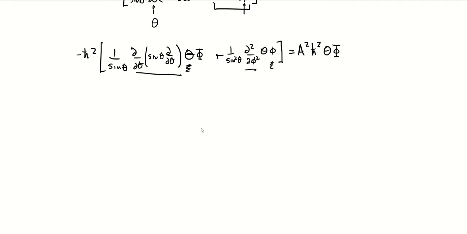This is only affecting our phi function. So we can bring them all through. Rather than bore you with me writing out the long equations again, ultimately we end up with 1 divided by our function that only depends on the polar angle, sine theta.